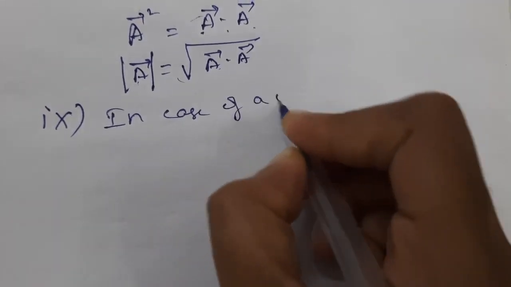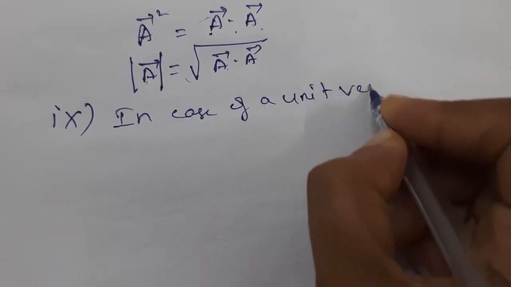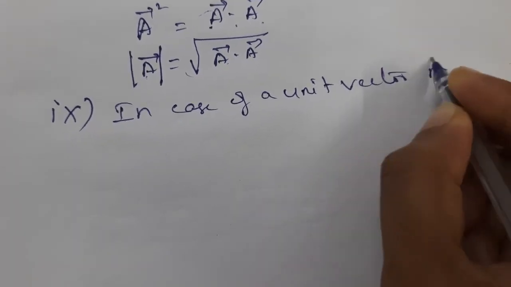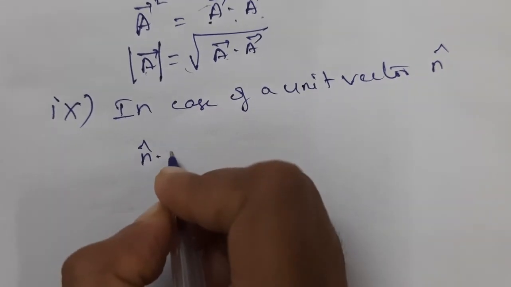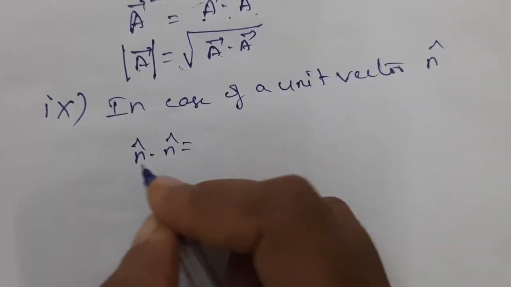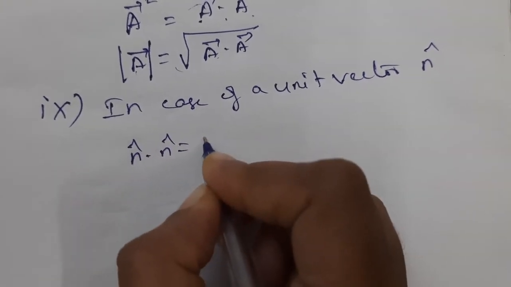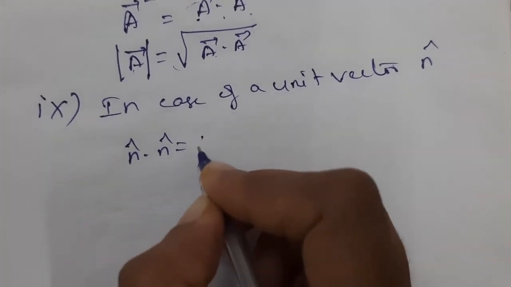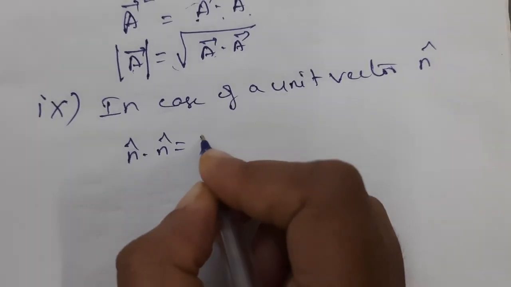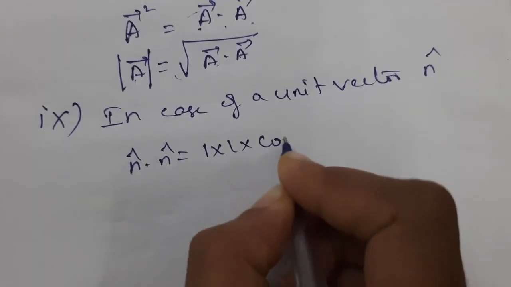In case of a unit vector n cap, that is n cap dot n cap is equal to, unit vector means 1 into 1. So n cap dot n cap means nn cos theta. Theta is 0. So we can write 1 into 1 into cos 0.